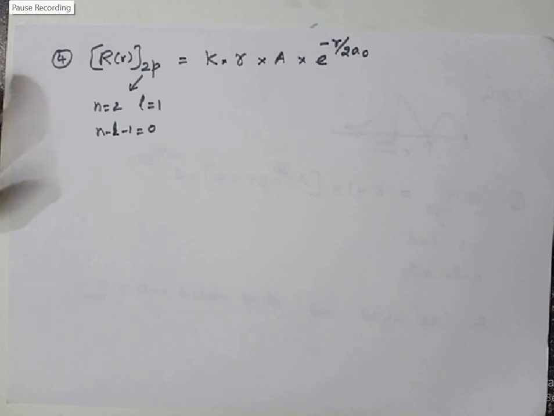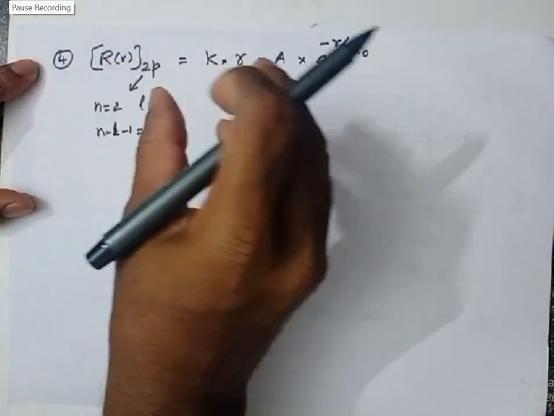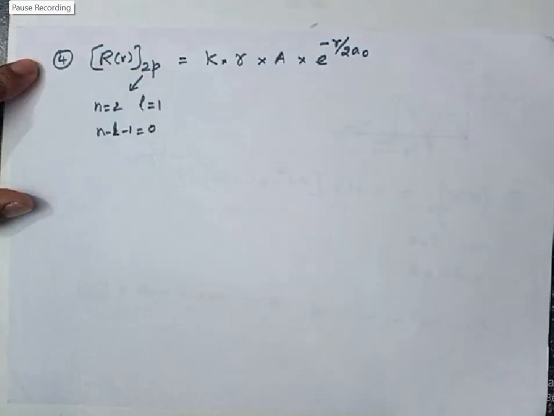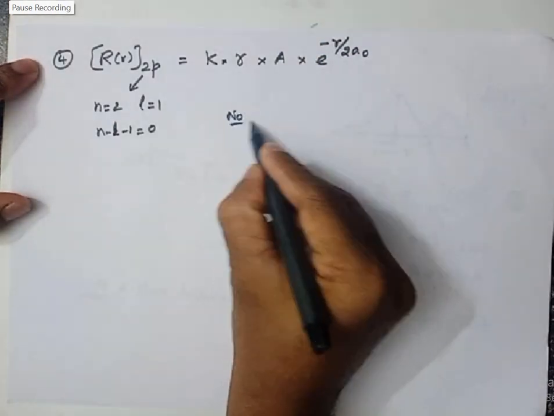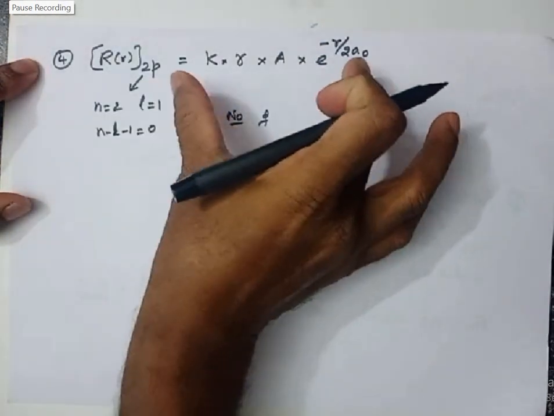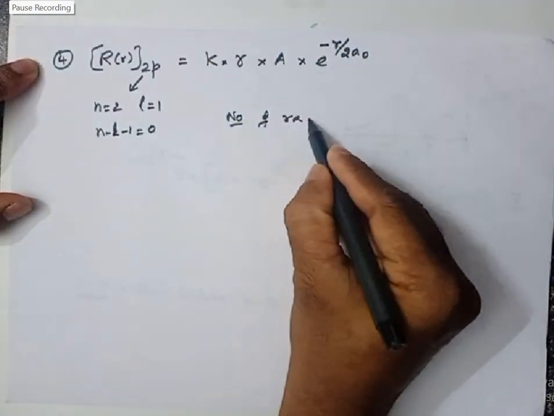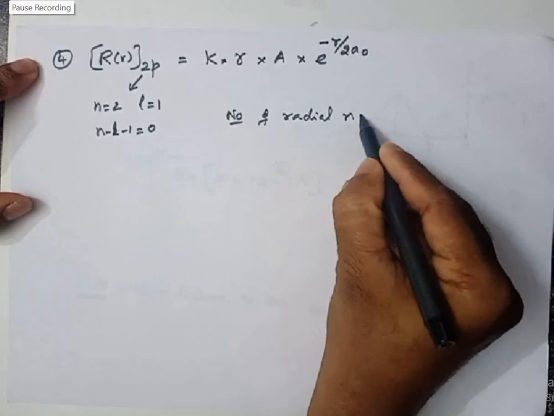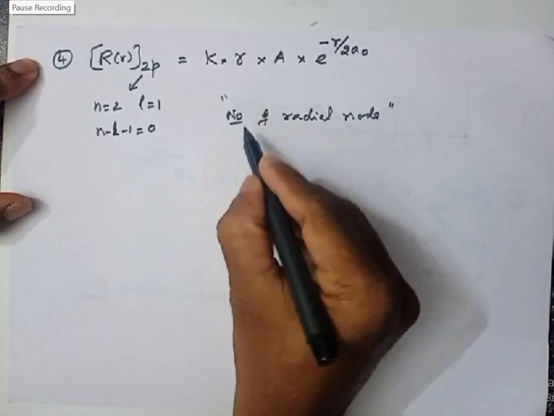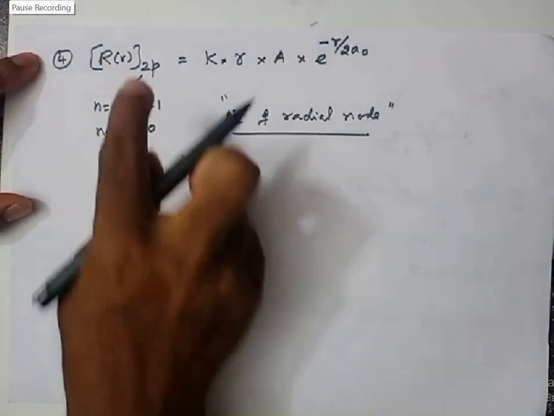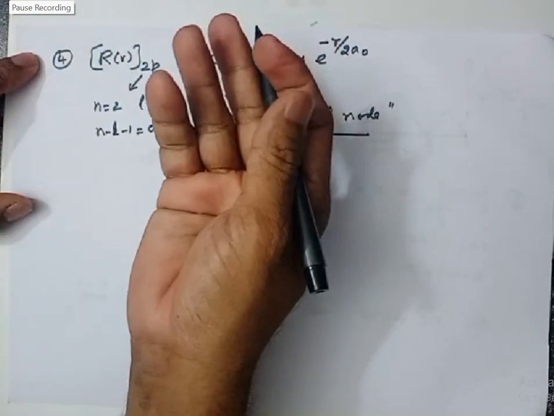Now, tell me number of nodes for 2p. How many nodes are there? Listen, if you want number of radial nodes, if wave function is given, what we should do? Very simple, make this wave function 0, that's all.